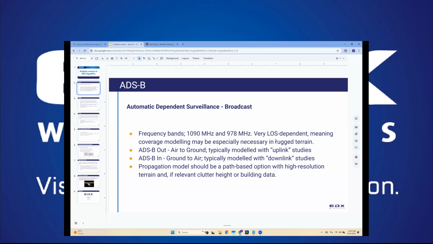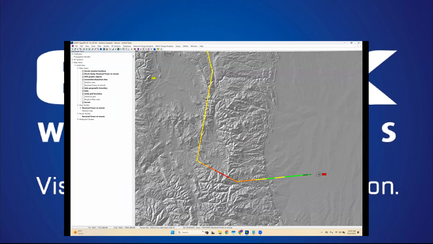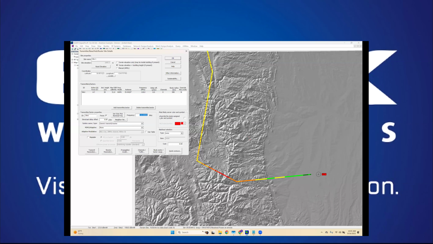There's a question here we'll come back to about what we call downlink versus uplink studies in Signal Pro, and maybe I'll lay the groundwork for that now. In my example here, these are not ADSB sites. These are actually way down at 118 megahertz.